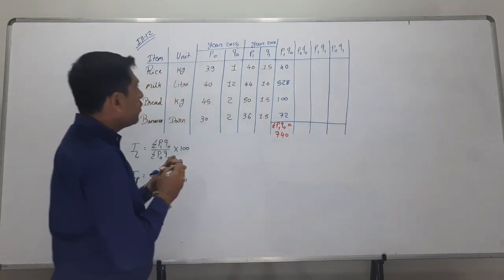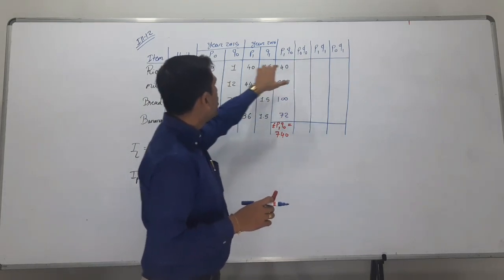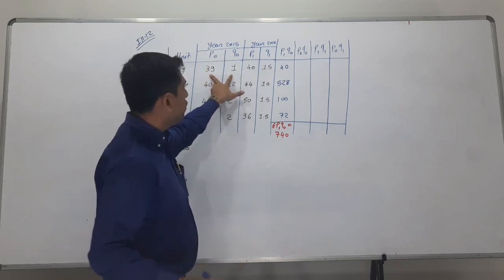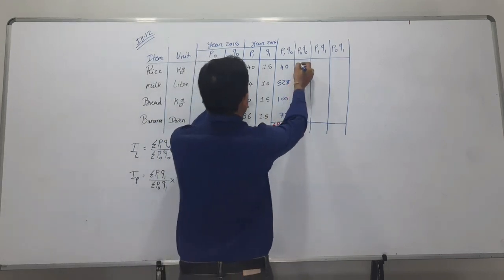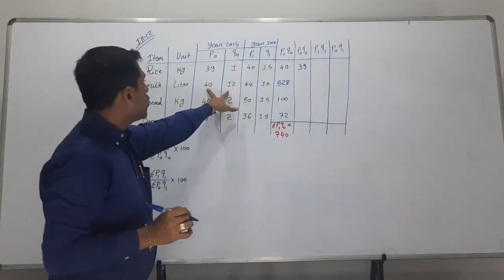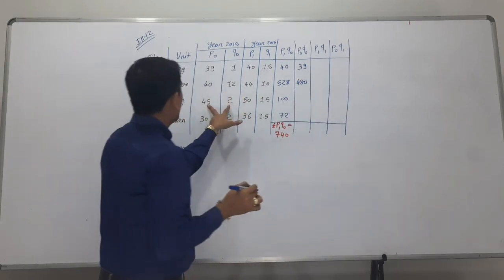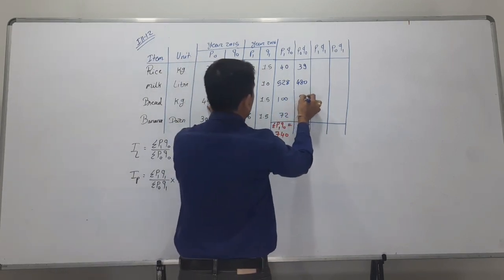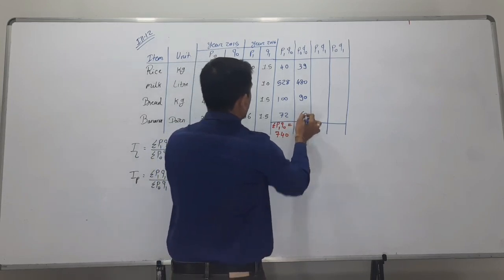Okay. Now, see, the next column is P0 Q0. So you have to multiply this and this. P0 Q0. So write down: 39 into 1, that is 39. 40 into 12, that is 480. 45 into 2, that is 90, and 30 into 2, that is 60.